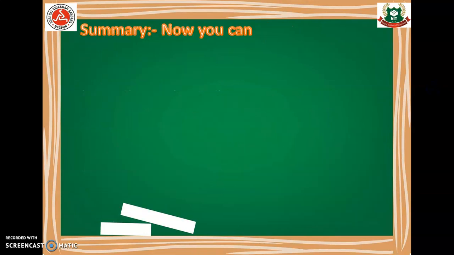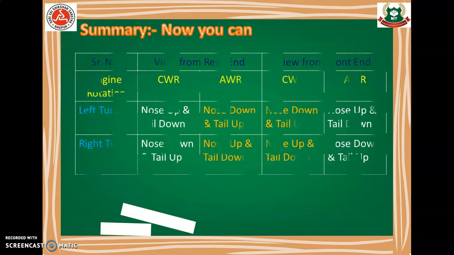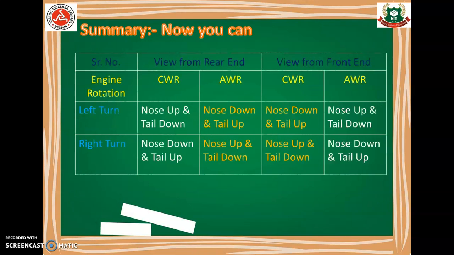Let us see the summary of today's lecture. Here two conditions are main. Number 1 is your observation, that is called as view from the rear end and view from the front end. So the engine rotations are clockwise rotation, anti-clockwise rotation from rear end, again clockwise rotation and anti-clockwise rotation from front end.